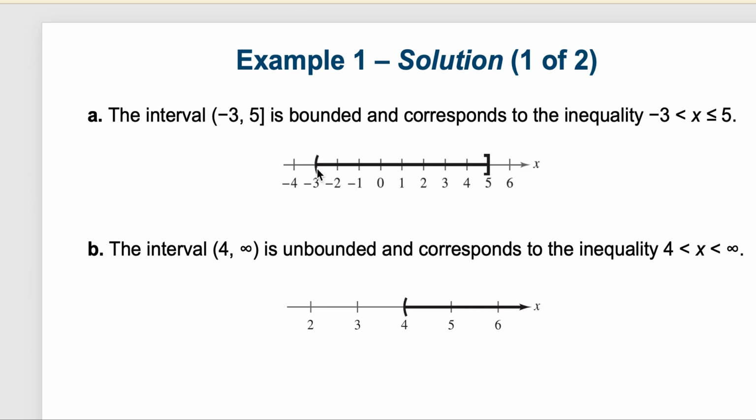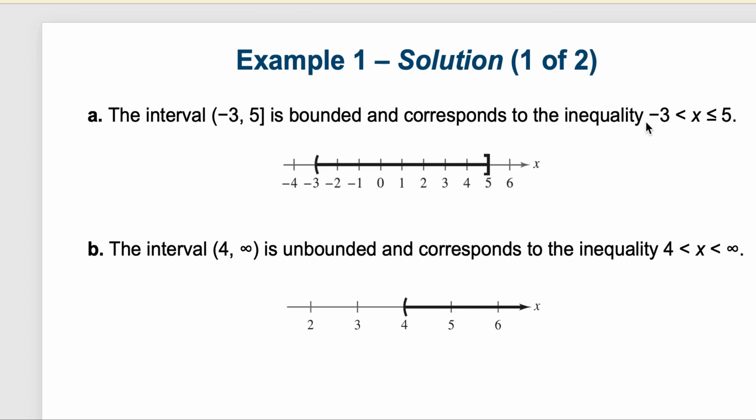It takes all the numbers greater than -3 up to and including 5. This is our range of values of x, and when you write it in inequality form, it looks like this: -3 is less than x, which is less than or equal to 5.